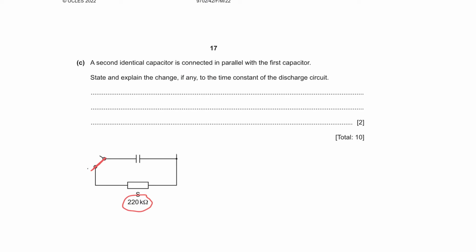Part C of the question says a second identical capacitor is connected in parallel with the first capacitor. So we've got our original circuit here. If we add a second capacitor parallel to the original capacitor, explain the change, if any, to the time constant of the discharge circuit. The time constant tau is equal to RC. Now the resistance does not change, but what changes is the capacitance.